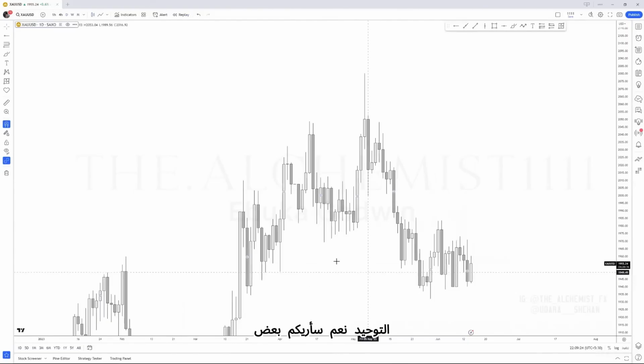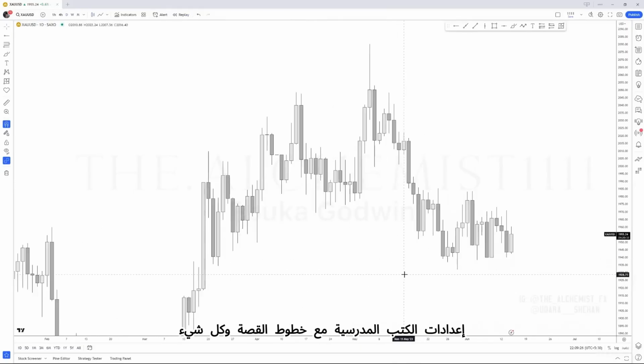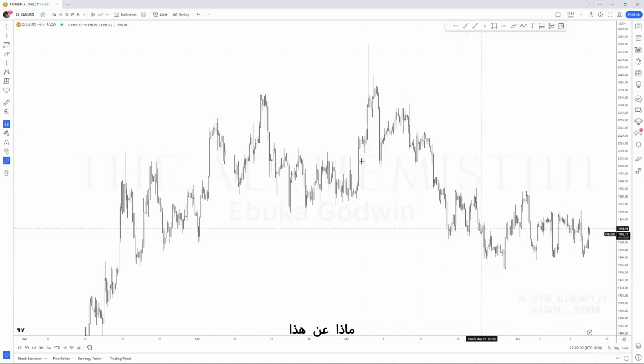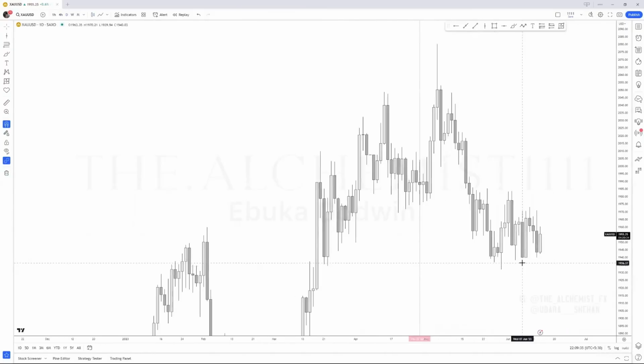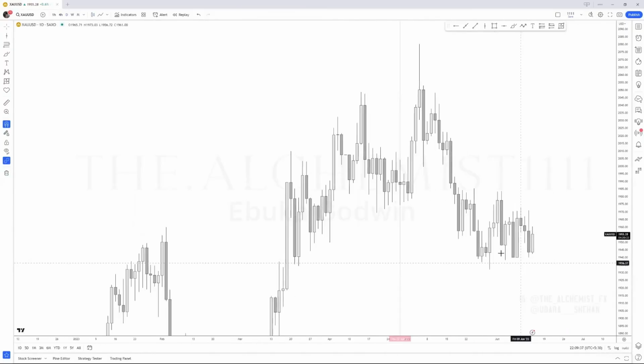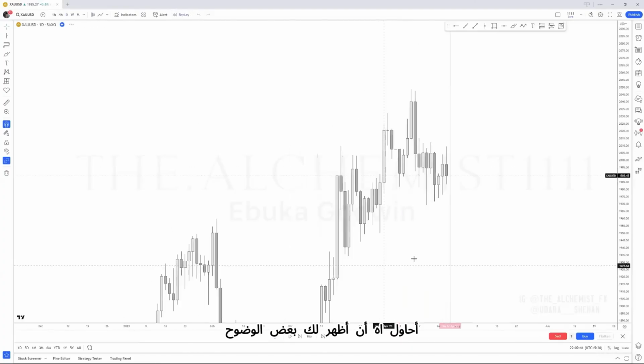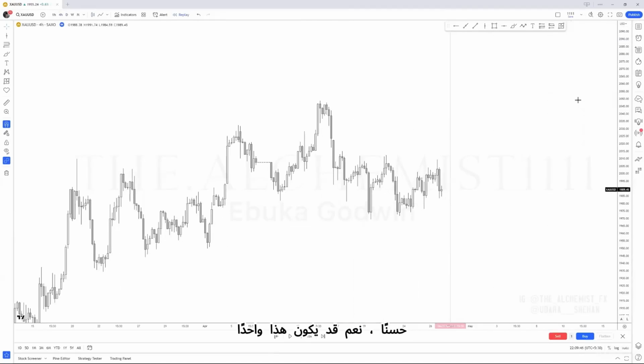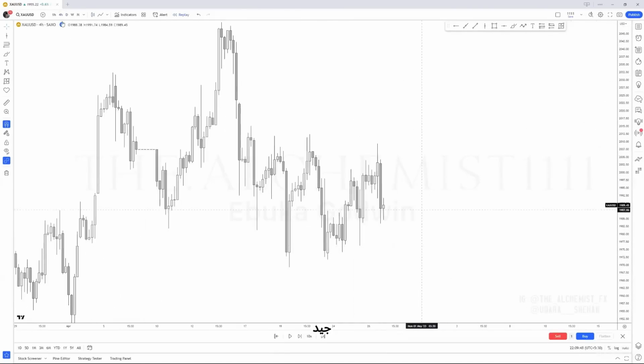Yeah, I'll show you some textbook setups with storylines and all of that. What about this one? Let me see, give me a second. I'm trying to show you some clear examples so that you will understand it properly. Yeah, this one might be a good one.